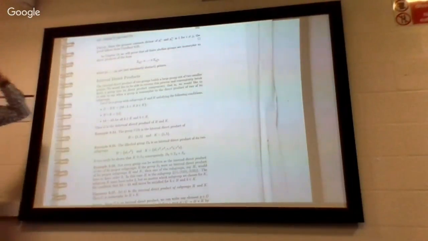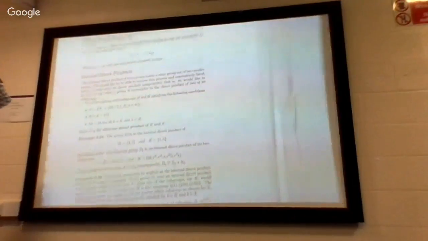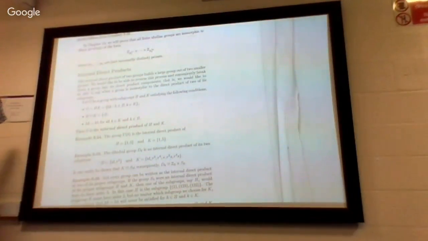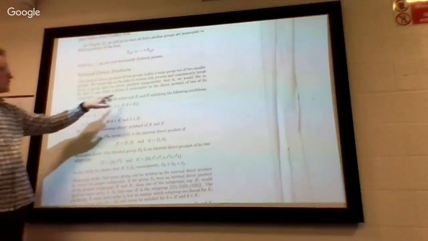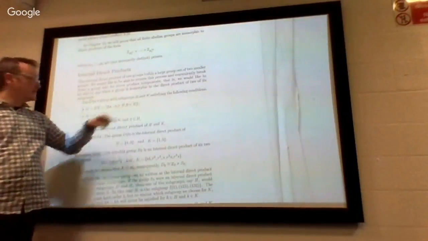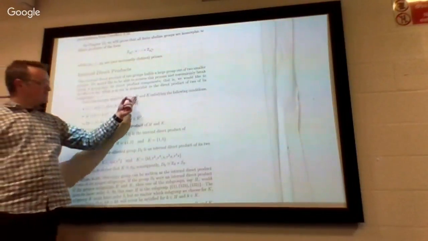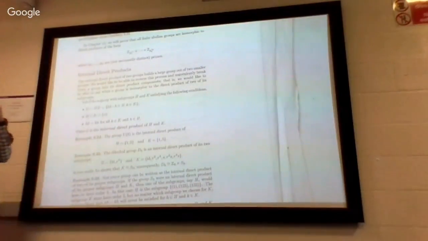An internal direct product was a similar idea, but you're looking at a group and two subgroups. To say that G is the internal direct product of those, these are the conditions we have to set up.